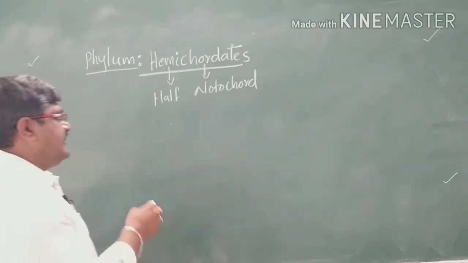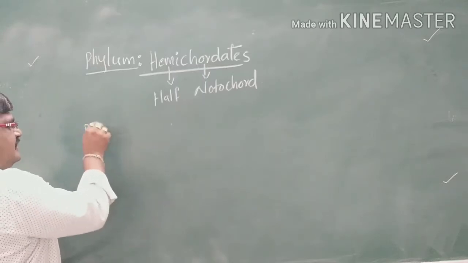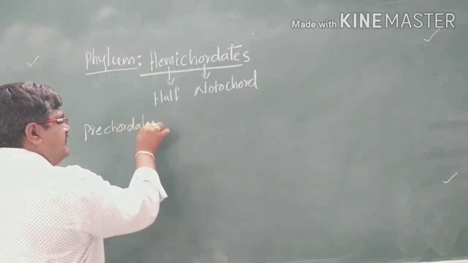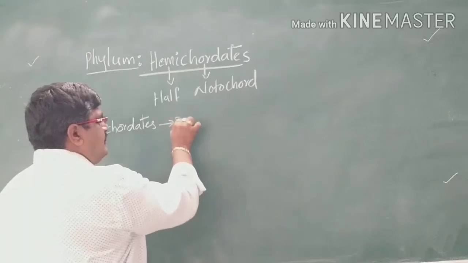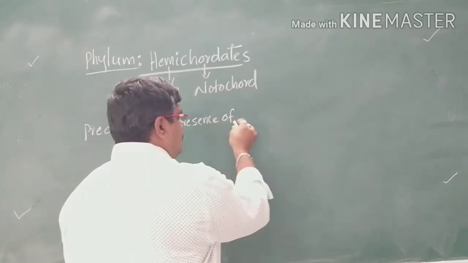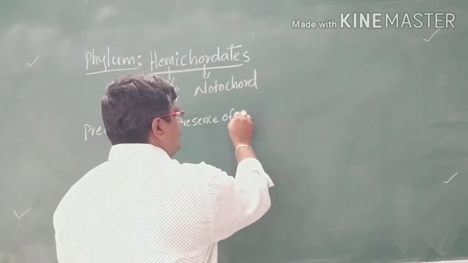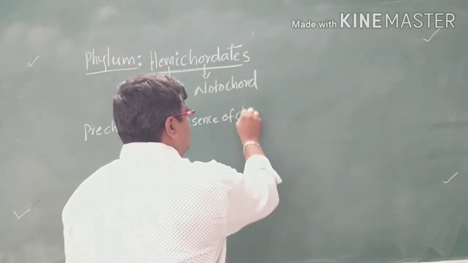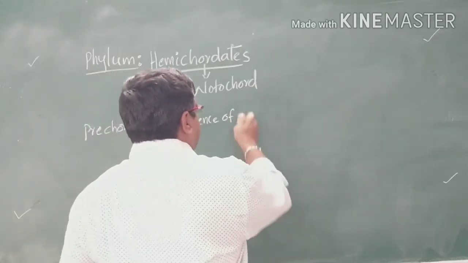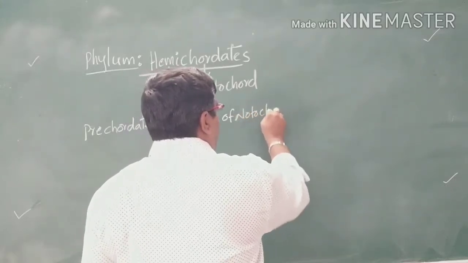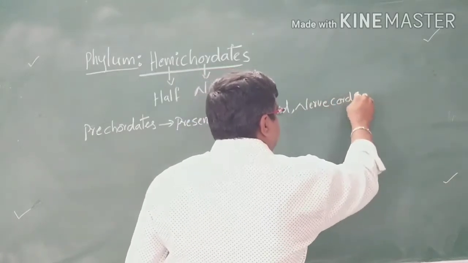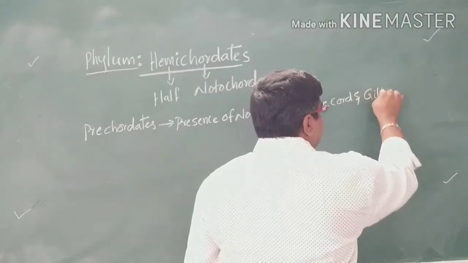The pre-chordate characters are the presence of the notochord, the nerve cord, and also the gill slits.